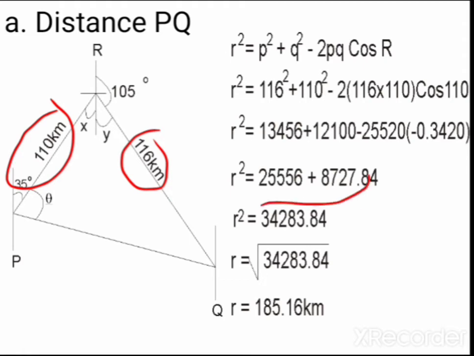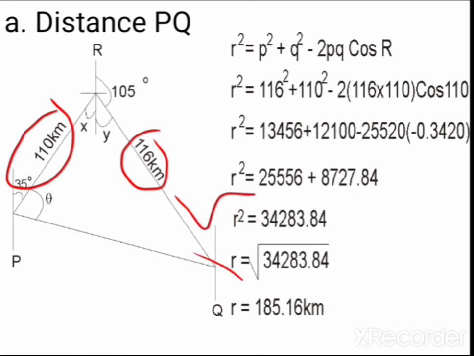So when we add these two together, it will give us 34283.8. Then we are looking for r, not r squared. What we have here is r squared. We are not looking for r squared, we are looking for r. So we take the square root of both sides. We take the square root of this side and the square root of this side. So the square root of r squared is what?